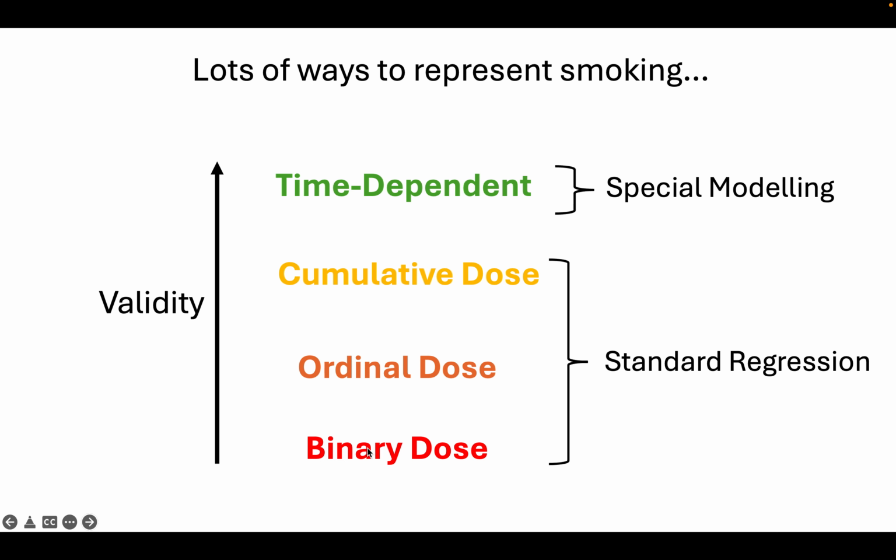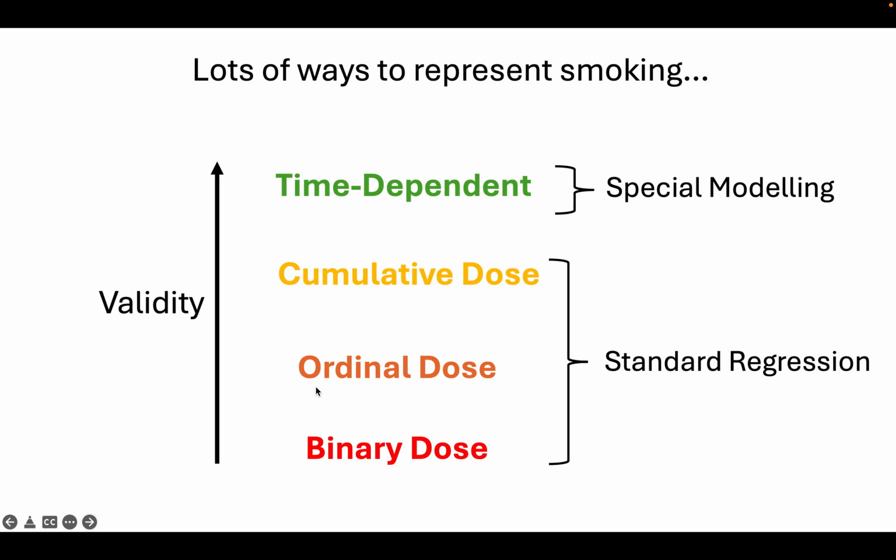At baseline, they are smoker or non-smoker. A little more valid is ordinal, so you might have something along the lines of never smoking, past smoking, current smoking. And even more valid is a cumulative dose, where you figure out how many packs they smoke per week, how long they've been a smoker, and you have some continuous measure of dose.